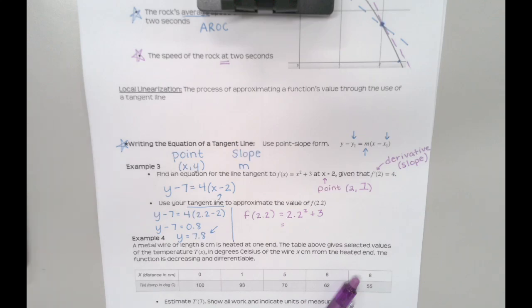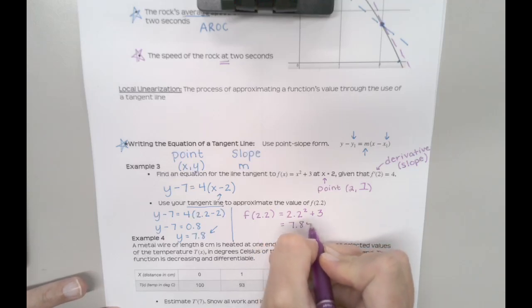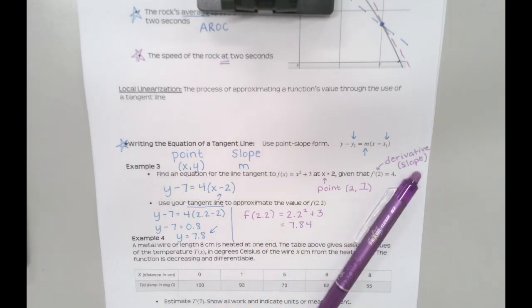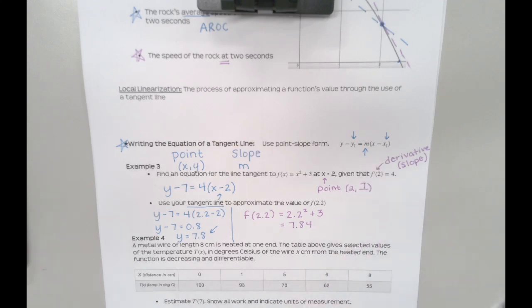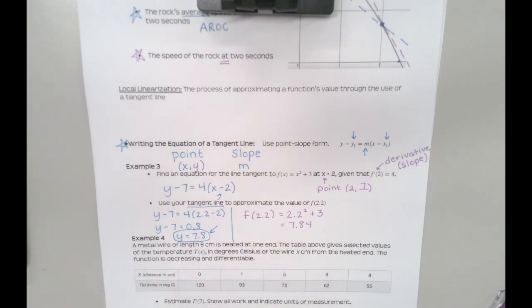Okay, had to cheat a little bit, but this actually comes out to be 7.84. So that gives you an idea that this is our approximation. This is what we were trying to approximate, but this would be the answer to our question, as we can say it's about 7.8.